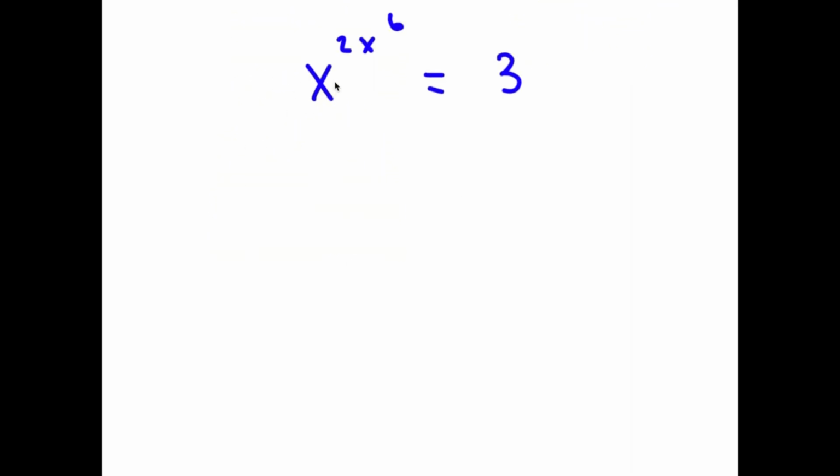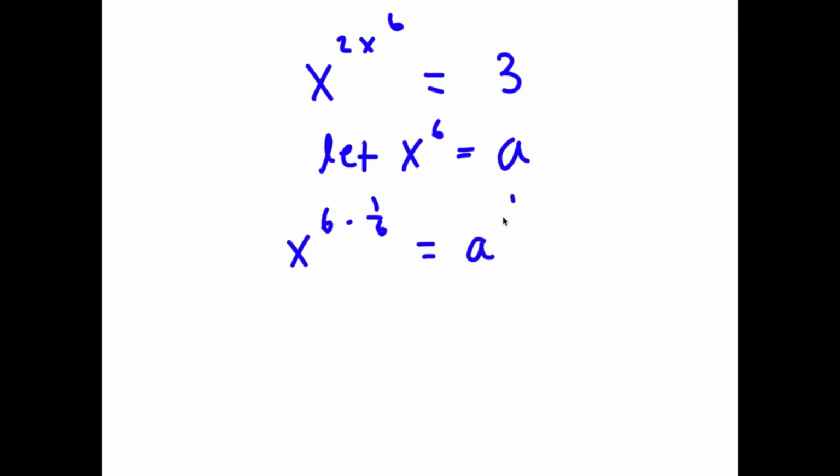Alright, so in this problem, I have x to the power of 2x to the power of 6 is equal to 3. So I'm going to first start by letting x to the power of 6 equal to a. So this means that x to the power of 6 times 1 over 6 is equal to a to the power of 1 over 6.